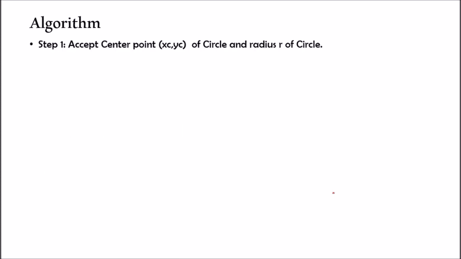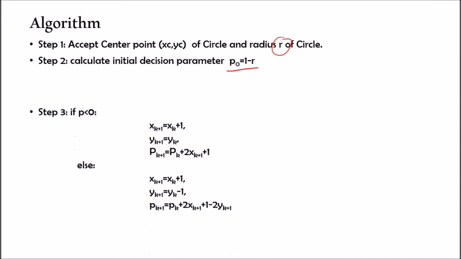Now I'll discuss the algorithm steps one by one. First you have to accept the center point of the circle xc, yc as well as the radius of the circle, denoted as r. Now after accepting, you have to calculate the initial decision parameter. As we have calculated, p of 0 is equal to 1 minus r.